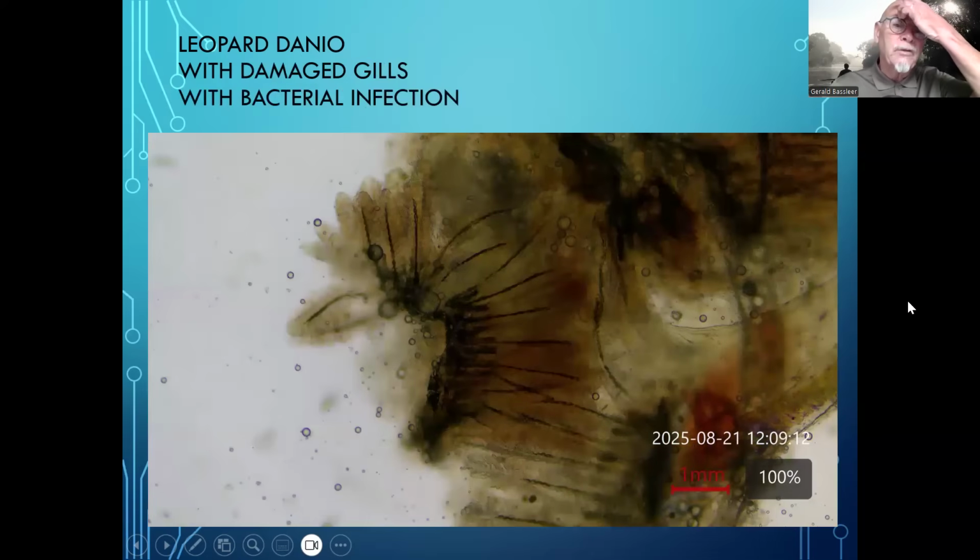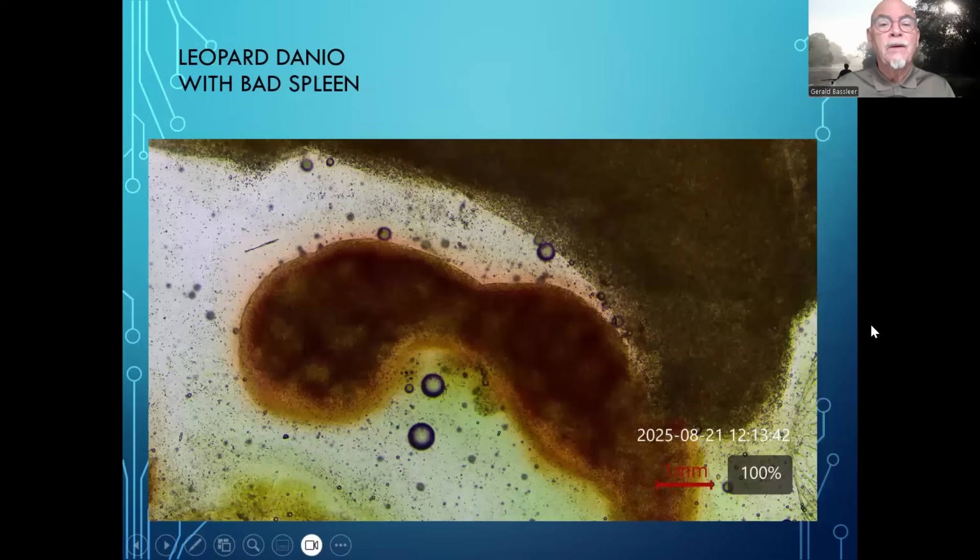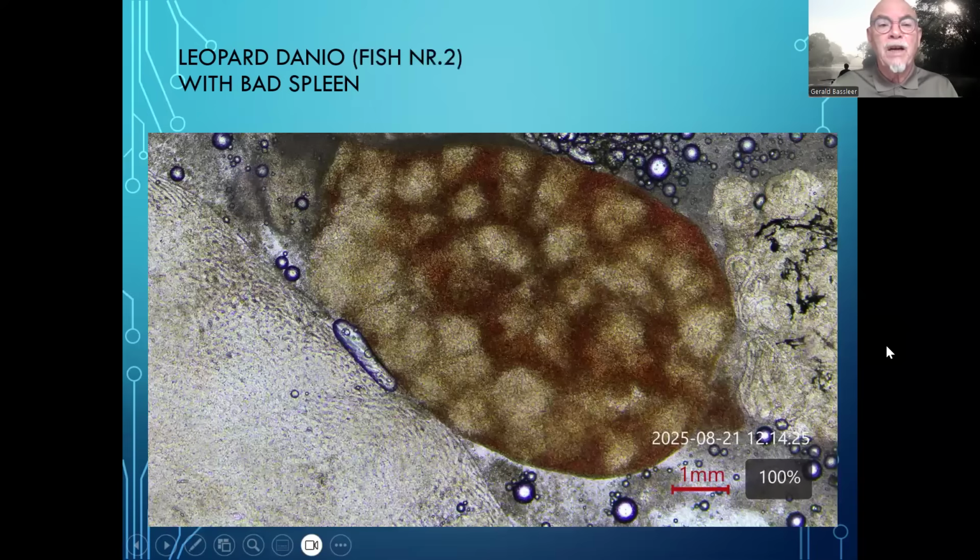And some other gills are badly destroyed, having a bacterial infection that usually appears after the damage caused by the parasites. At the same time, we found a bad spleen in one of the leopard danios. In another leopard danio, we found another very bad spleen.